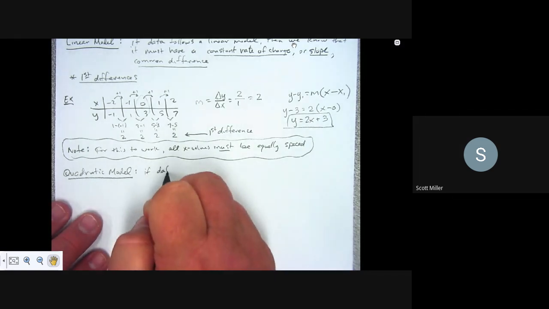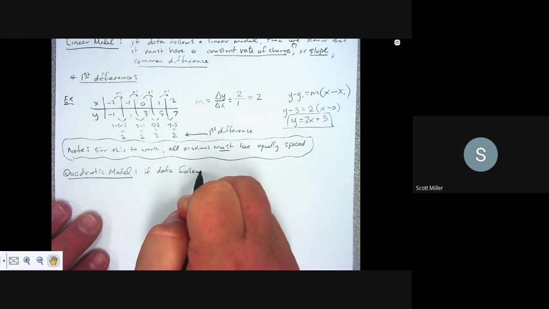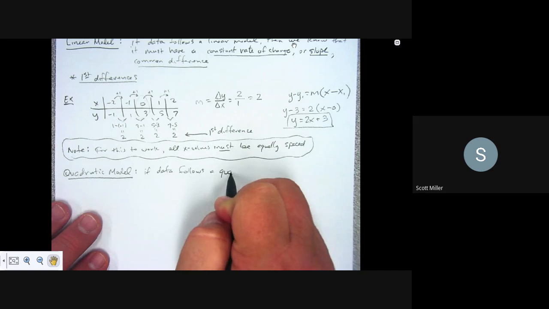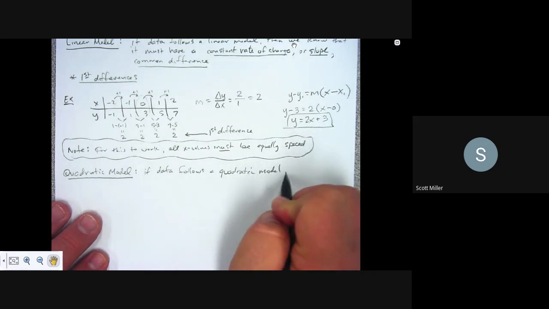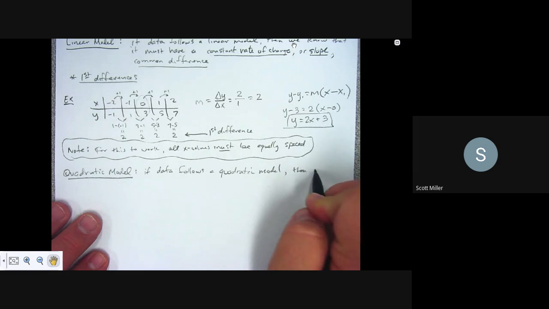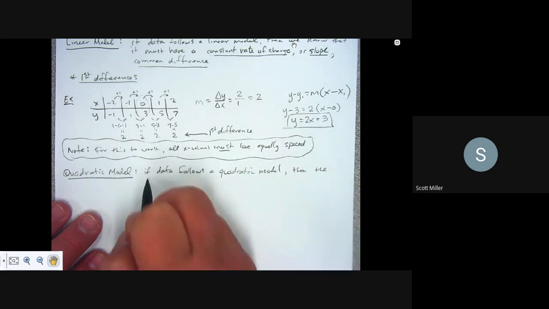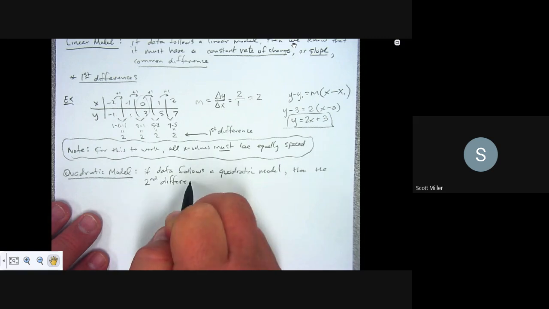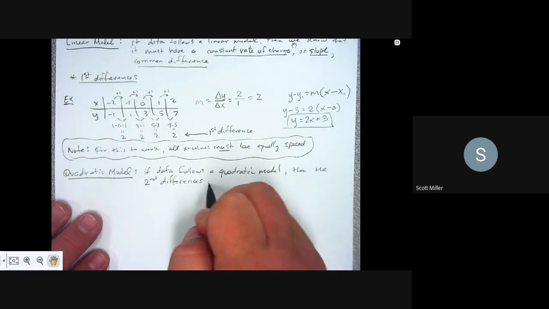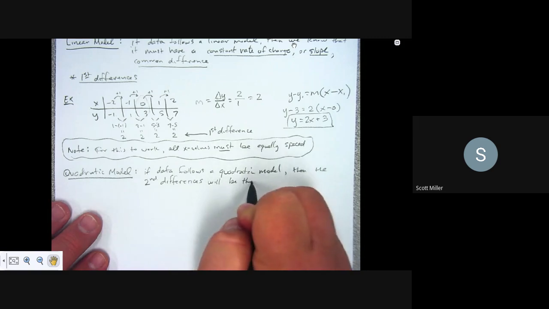And here's how this one works. If the data follows a quadratic model, then what's called the second differences will be the same.